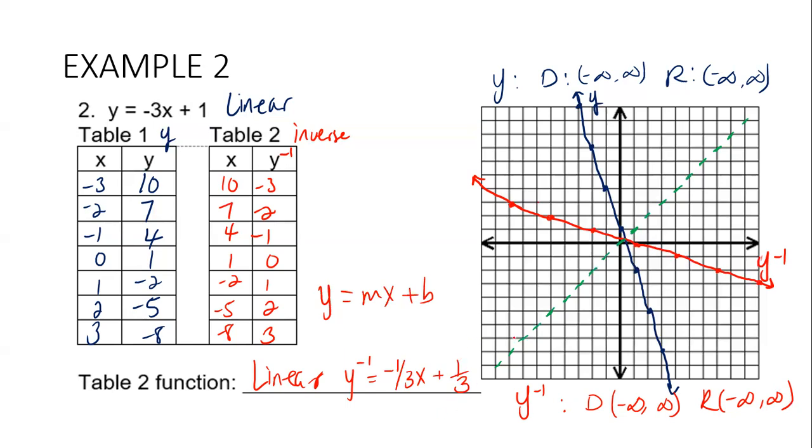If you couldn't figure out 1/3 from your graph, you could always just choose any point on the red line and use the slope to solve for your b. Okay? The linear function is the only function whose inverse is the same type of function. For the most part. I mean, rationals can be too.